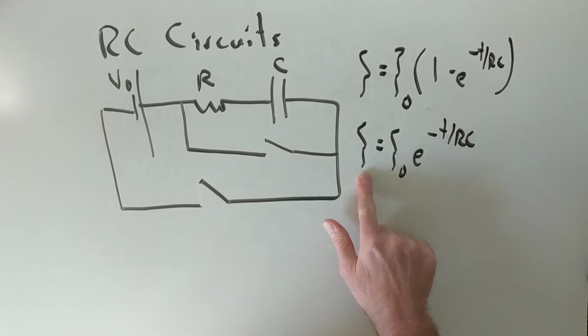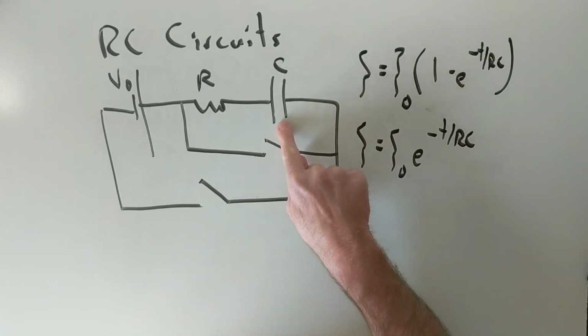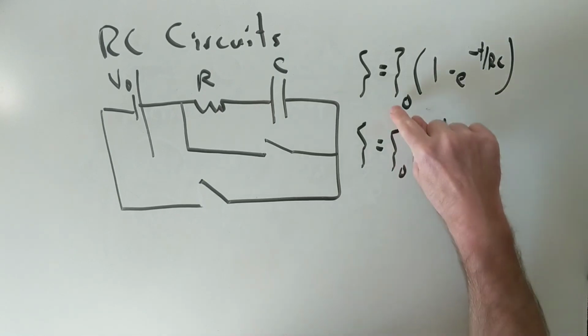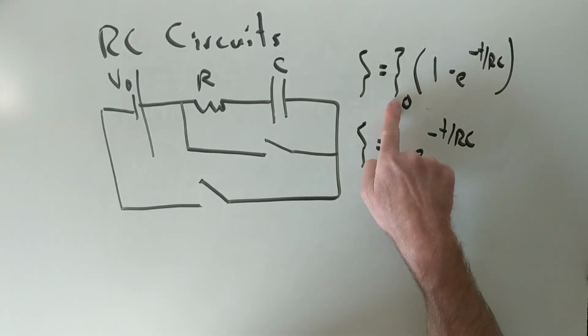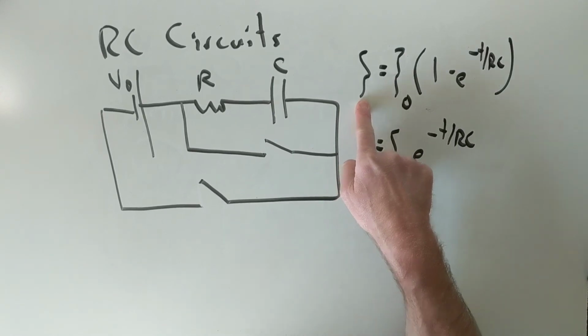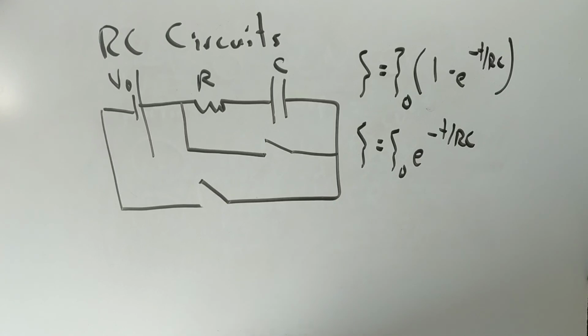So you use this: current equals current naught e to the negative t over RC. For instance, the voltage on the capacitor would be something that's increasing. The voltage is going to increase on the capacitor, so you'd have this voltage that it's getting to. This is the voltage at any time. And that's the equation because it's going to increase up kind of like it does with air resistance.